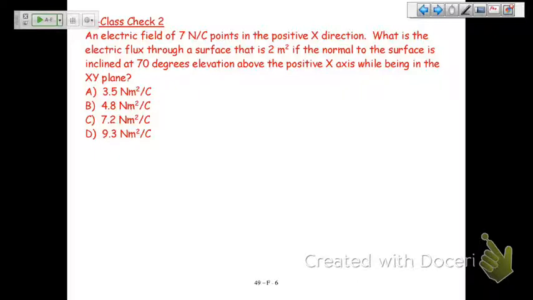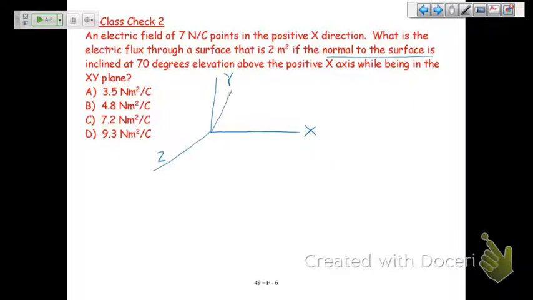So this says an electric field of 7 newtons per coulomb points in the x direction. What is the electric flux through a surface that is 2 meters squared if the normal to the surface is inclined at 70 degrees elevation above the positive x-axis? So, whoa, a lot of words there. There's our x, there's our y, there's our z. And the normal to the surface is inclined at 70 degrees elevation above the positive x-axis.